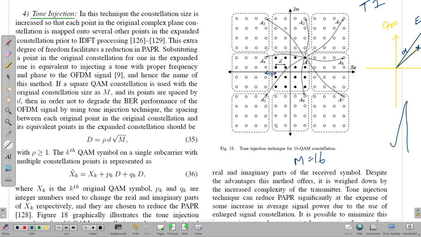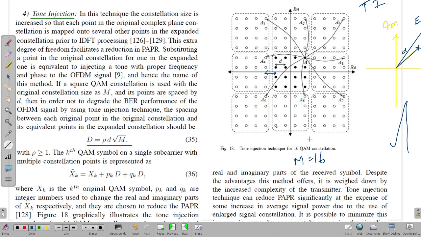So in order to maintain the distance between the constellation points, this condition must be satisfied, where the spacing between each original point in the original constellation and its equivalent points in the expanded constellation should be at least D is equal to rho into d root M.